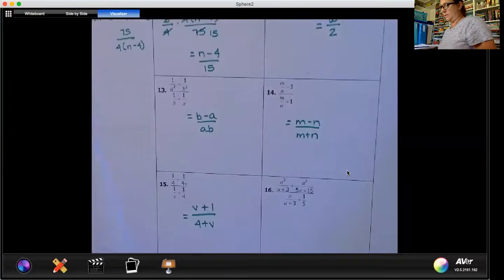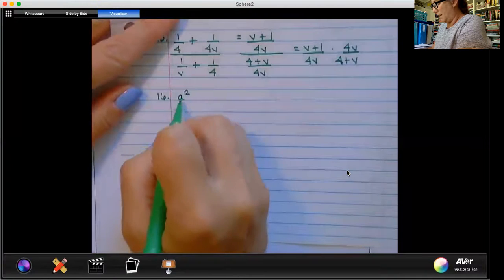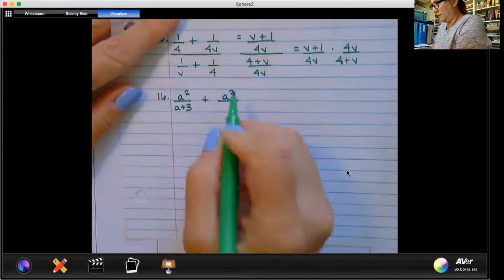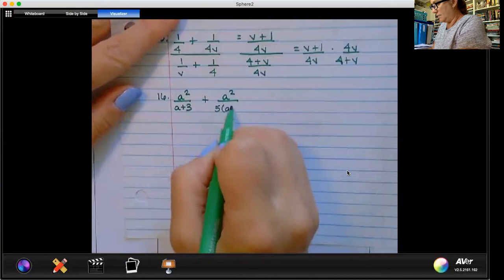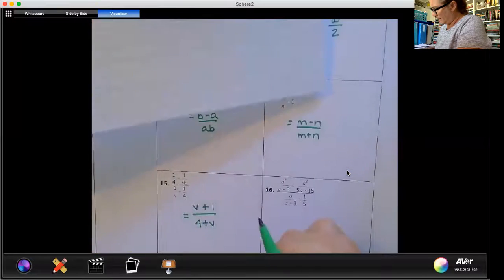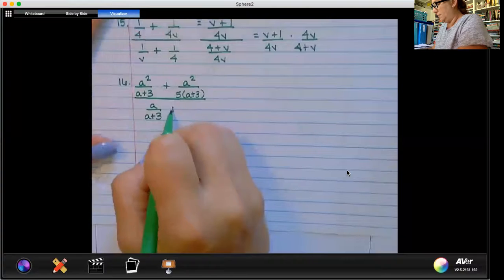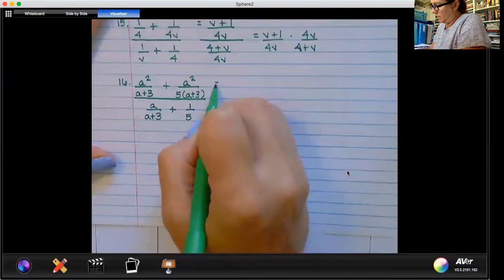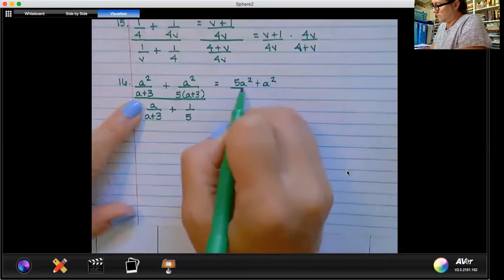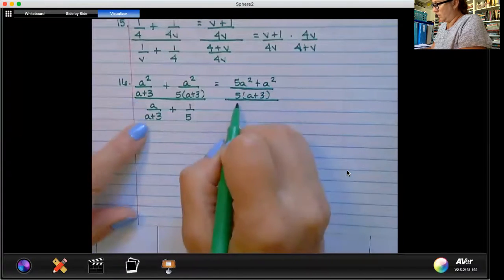And then for number 16, notebook paper is definitely coming in handy. A squared over a plus 3 plus a squared over, I'm going to go ahead and factor that, 5 times a plus 3 over a plus 3 plus 1/5. All right, so this first one needs a 5. And then I'm going to cross, cross, across.